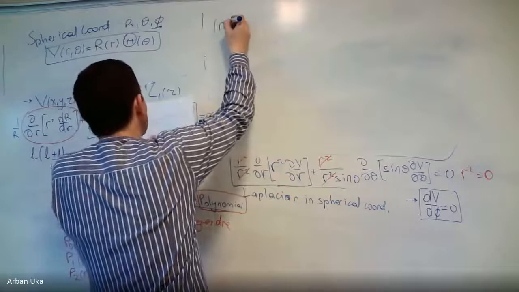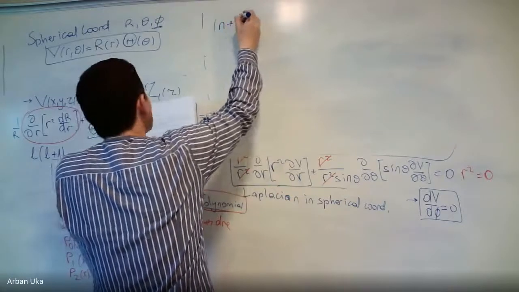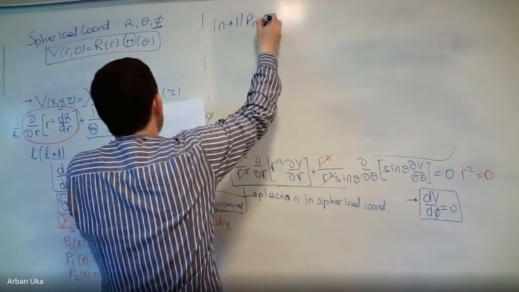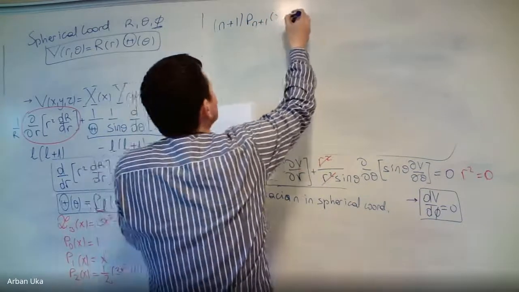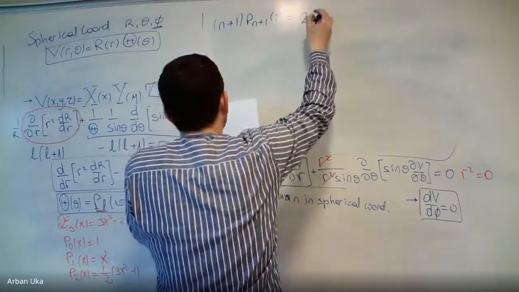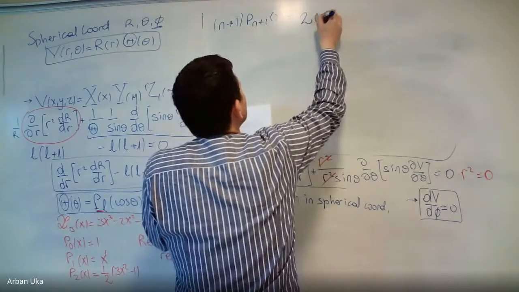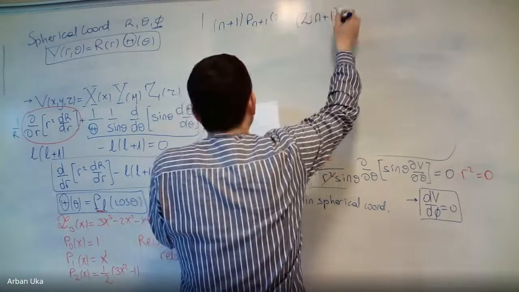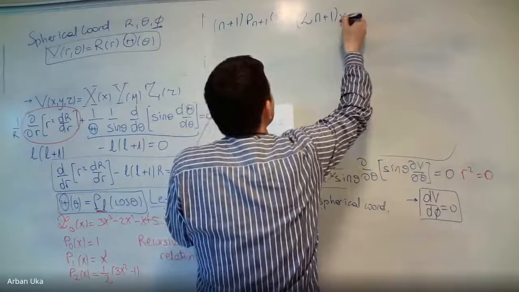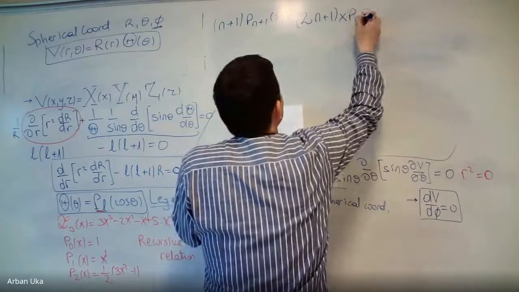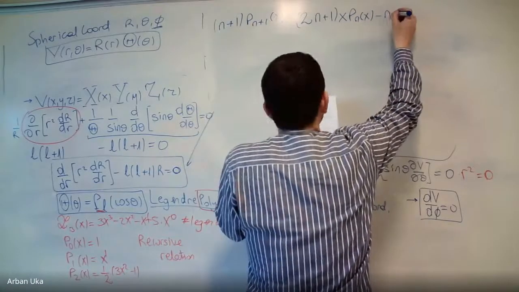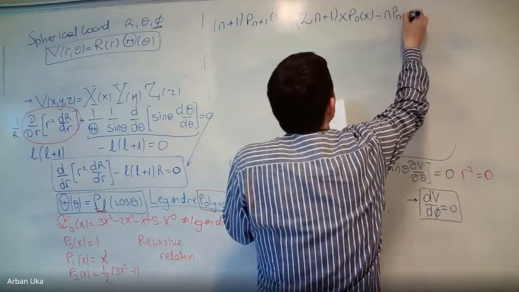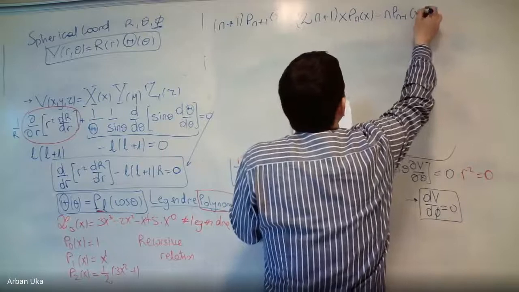Very good. The relationship here is n plus 1 times P_(n+1)(x) is equal to 2n plus 1 times x times P_n(x) minus n times P_(n-1)(x).